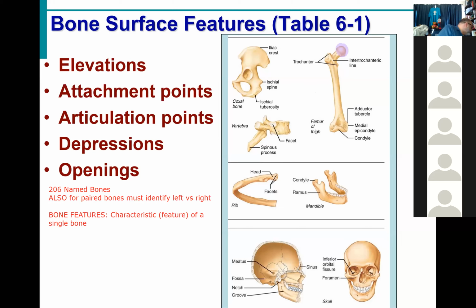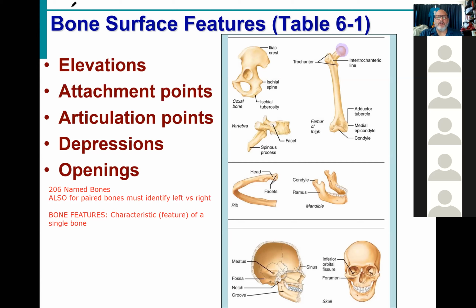If I have a bone in my hand, what do I do with my pencils that I had here earlier? Excellent. This clicky thing right here is a characteristic, a feature of this pen. If I hold a femur in my hand, it has that big round head. So that is a characteristic of that bone.